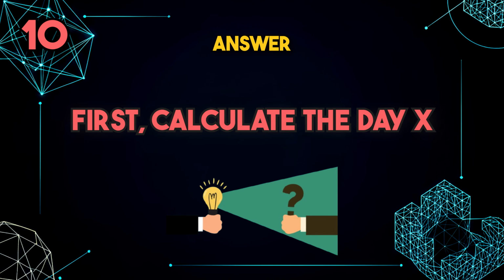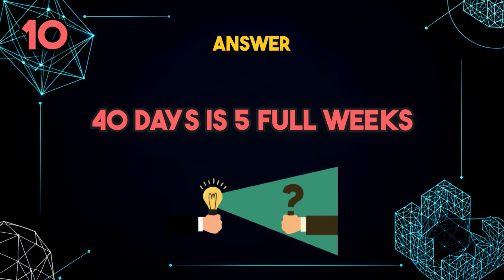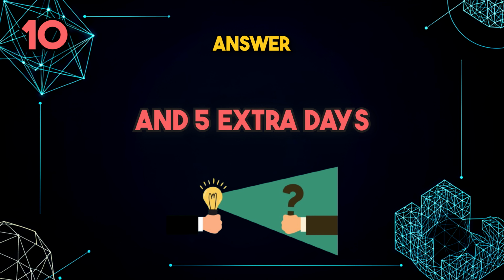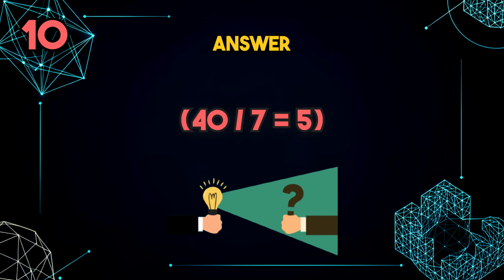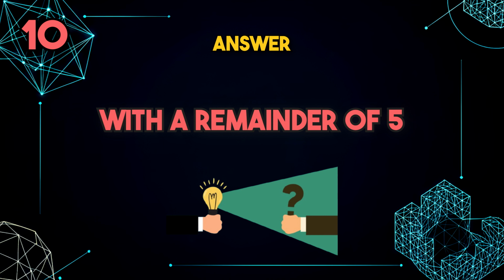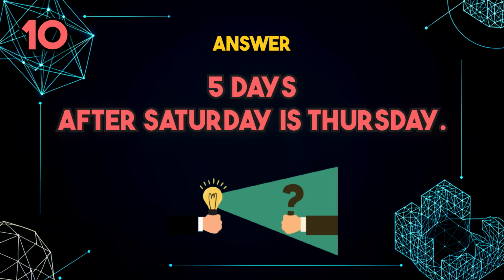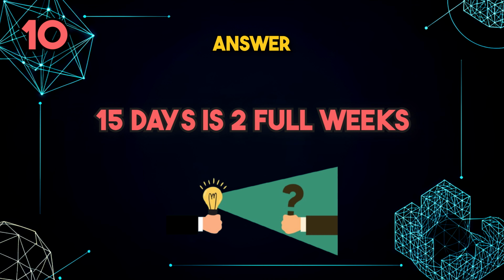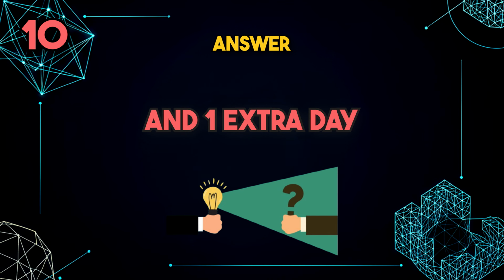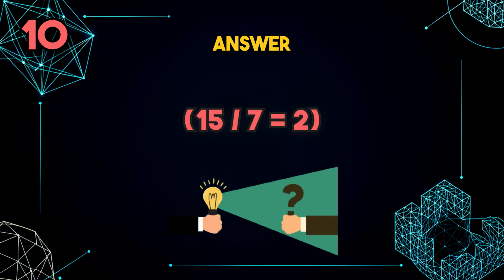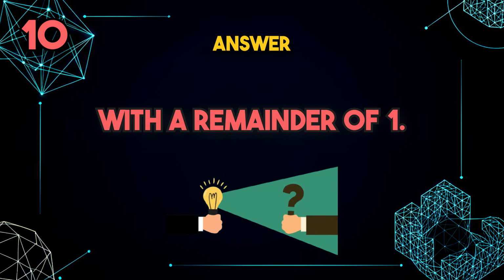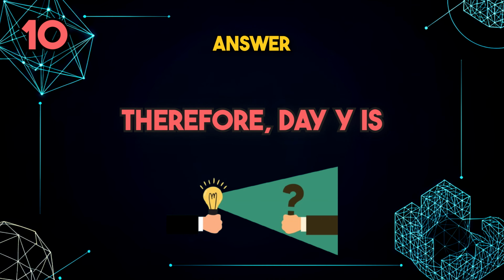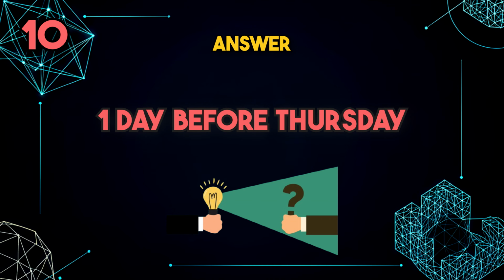First, calculate the day, X. 40 days is 5 full weeks and 5 extra days. 40 divided by 7 equals 5, with a remainder of 5. 5 days after Saturday is Thursday. Next, calculate day Y. 15 days is 2 full weeks and 1 extra day. 15 divided by 7 equals 2, with a remainder of 1. Therefore, day Y is 1 day before Thursday, which is Wednesday.